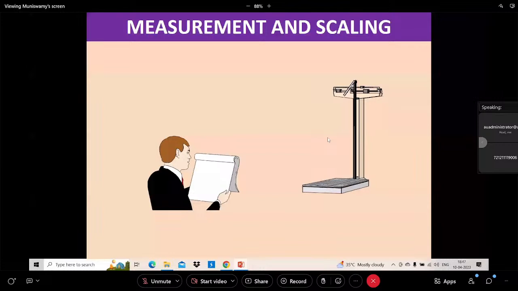So the measurement and scaling techniques: to collect data, we need to have something to measure. Measurement is the process of assigning numbers or other symbols to characteristics or attributes. Characteristic means, for example, gender is a variable.